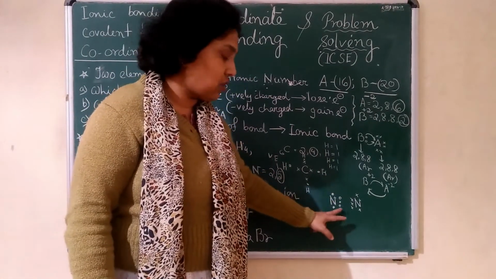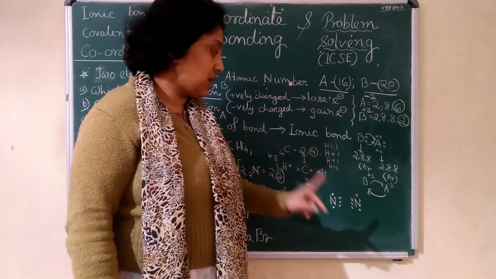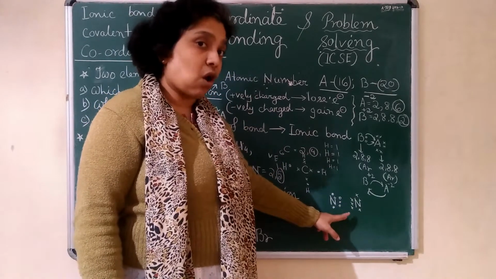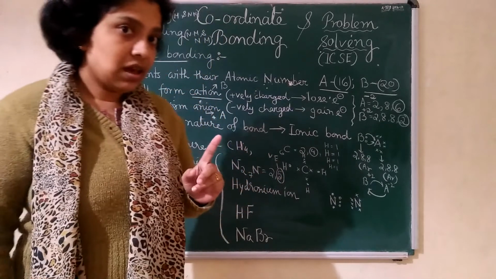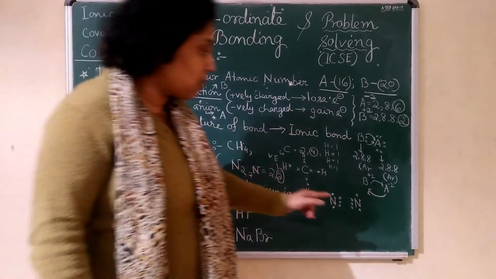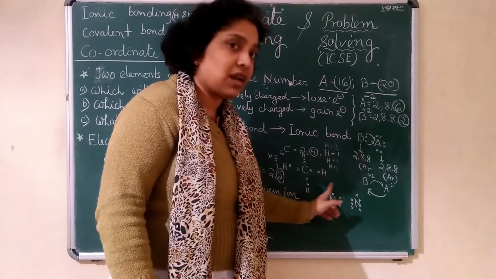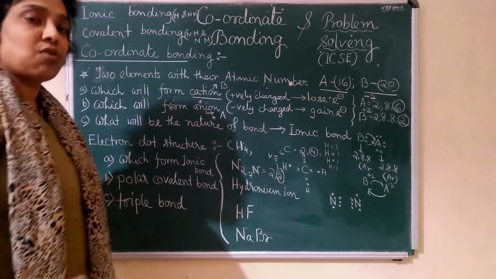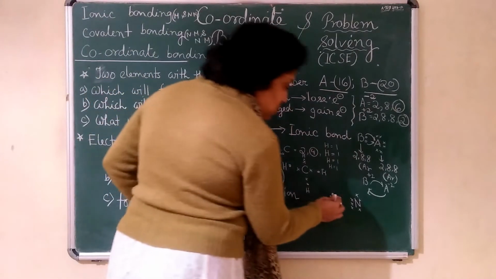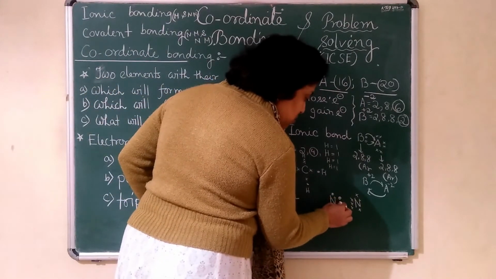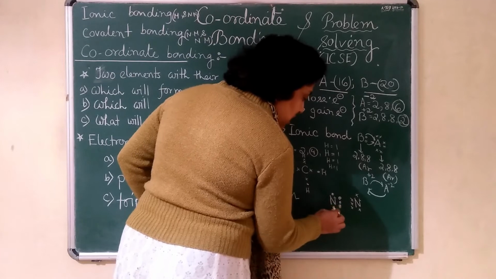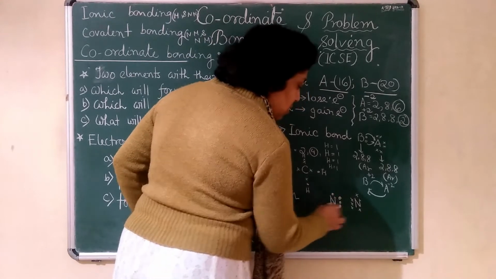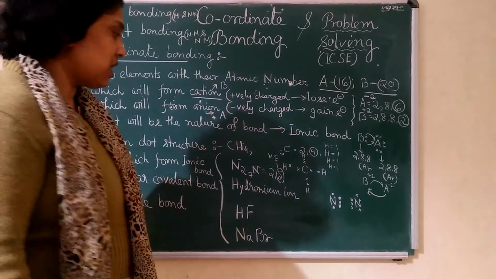These are the electrons. Don't forget. When they ask electron dot structure, don't show bonding. And if they are asking bonding, you have to show the sharing. Okay. This kind of mistake you all make. Mostly students make this kind of mistake. That only I am discussing. So electron dot structure means you have to show the electrons.